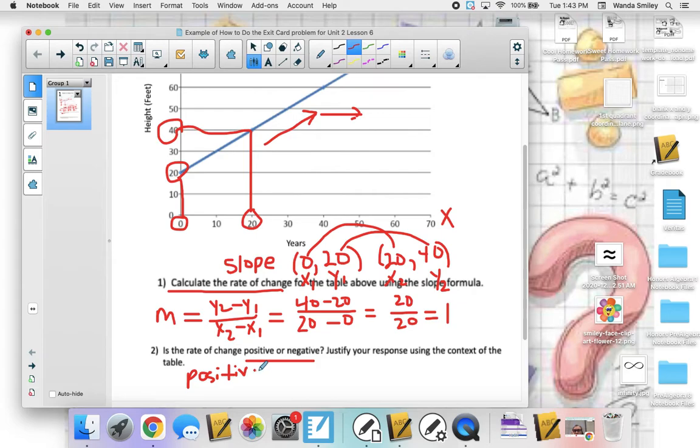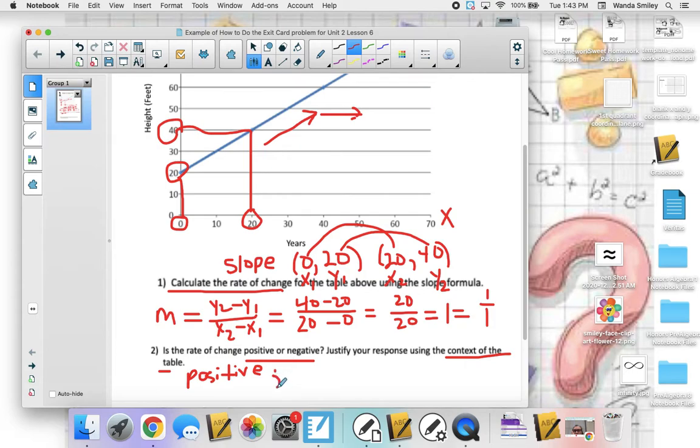Then it says to justify your response using the context of the table. The context of the graph is that since the slope is 1, same thing as 1 over 1, that means for every year, the height grows 1 foot.